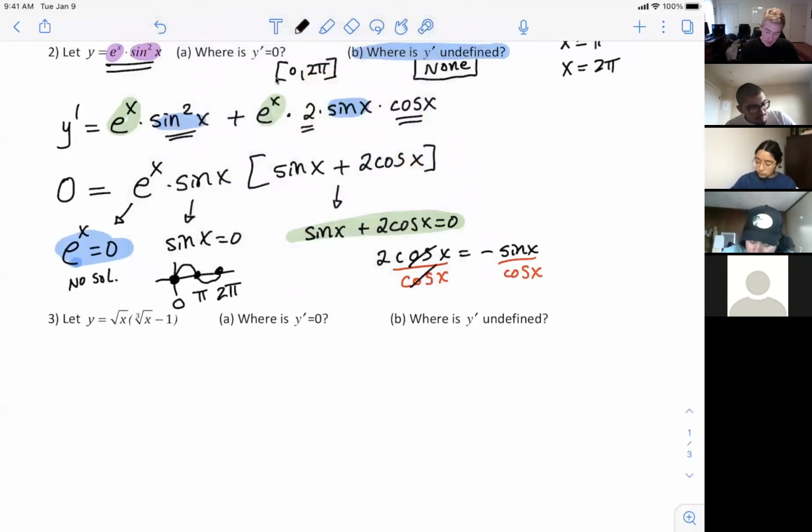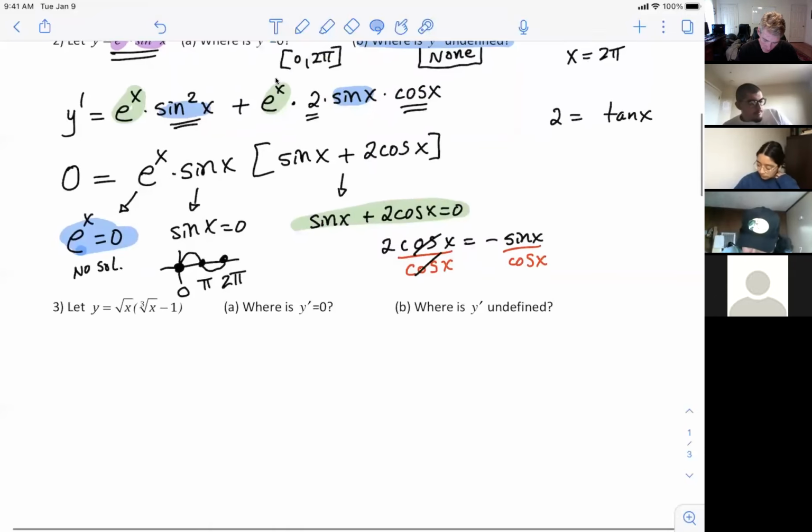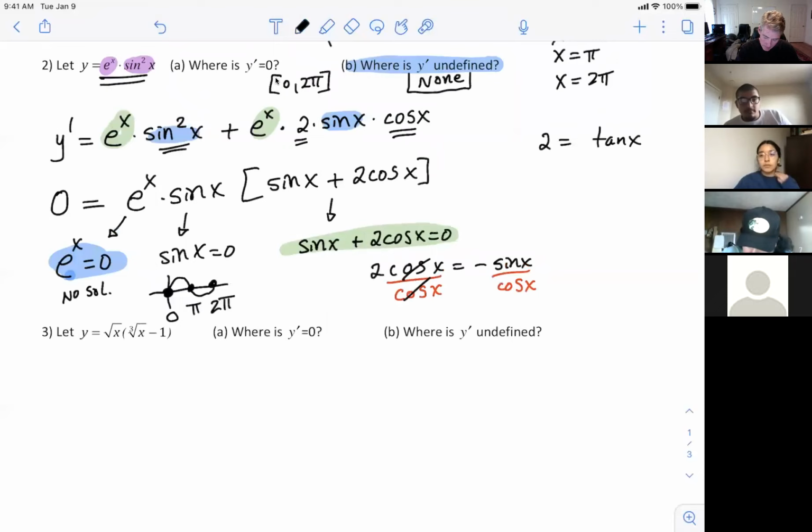On the left side, the cosines cancel, so it's just going to leave a 2. And on the right side, sine divided by cosine is tangent. And then I'm just going to take the negative sign and transfer it to the other side.